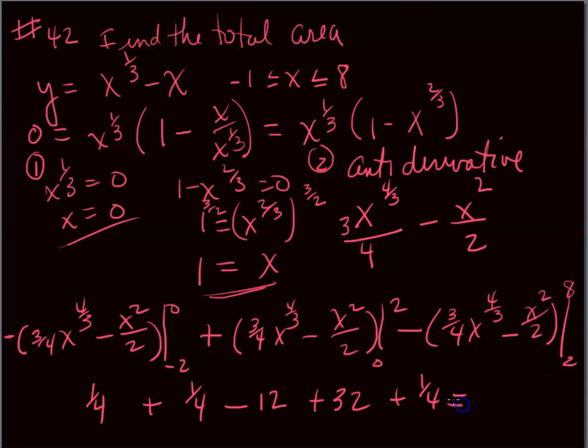Add all those together, you get 20 3/4, which is the same as 80 3/4. And why did I write it as 80 3/4? I bet you that's what our calculator does.